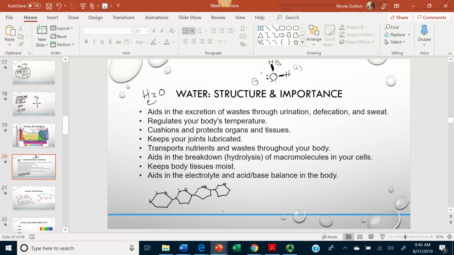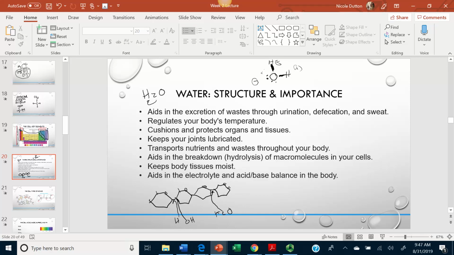In order to break these apart so that we can use each individual one, we actually insert water, H2O. The H goes on one side, and then an OH goes on the other side. And water efficiently breaks the bonds of these large molecules.